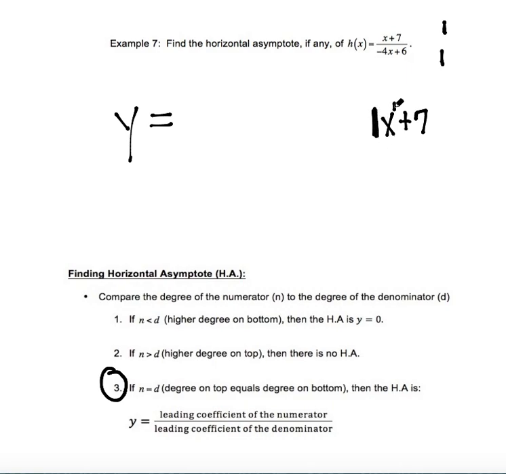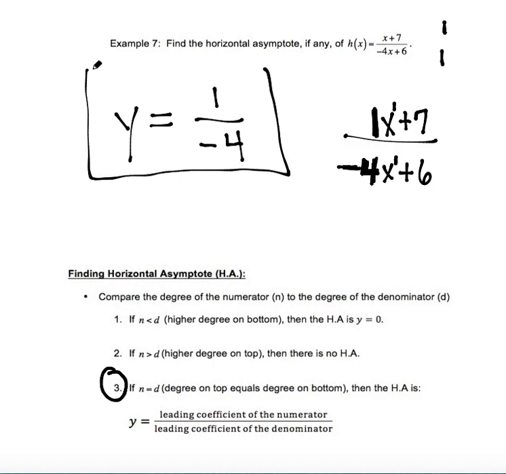In the denominator, I have negative 4x plus 6. Again, x to the first power, so my leading coefficient is this negative 4. That means that my horizontal asymptote for this particular function is y equals negative 1/4.